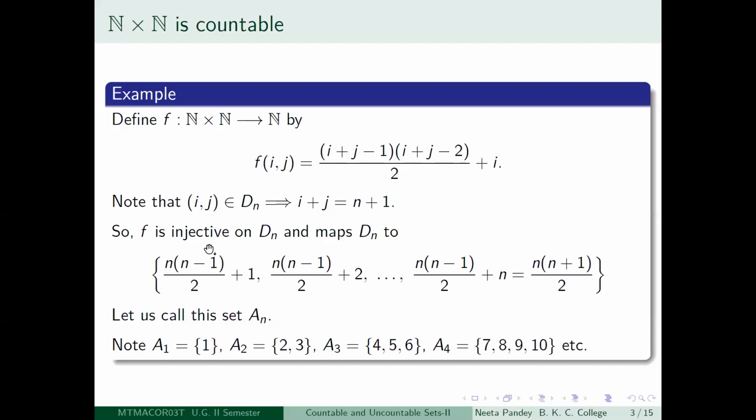So if you look at where Dn is going to map, it is going to n(n-1)/2 plus 1, n(n-1)/2 plus 2, and so on, till the last one will be n(n-1)/2 plus n, because for elements of Dn, i ranges from 1 to n.